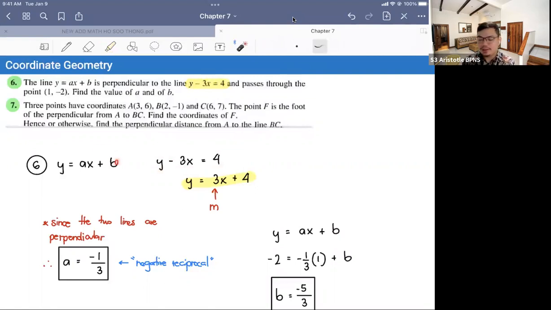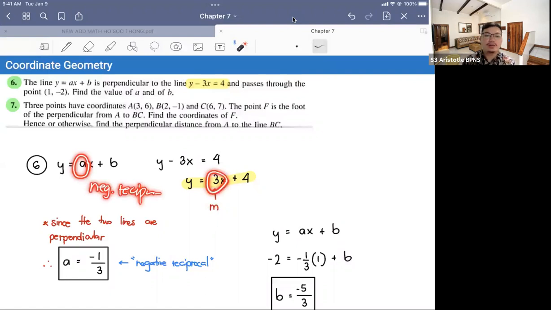Now, look at these two equations. If they're perpendicular to each other, the gradient of the second line is 3, right? Therefore, if I compare this to this, the value of a should be the negative reciprocal of 3.